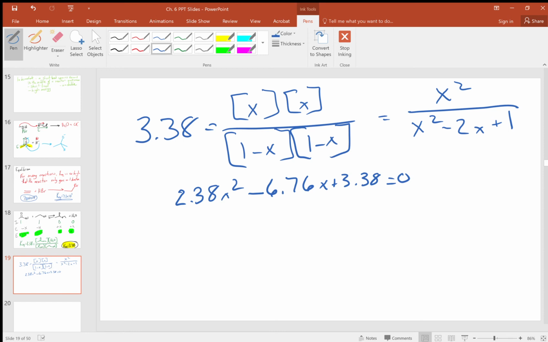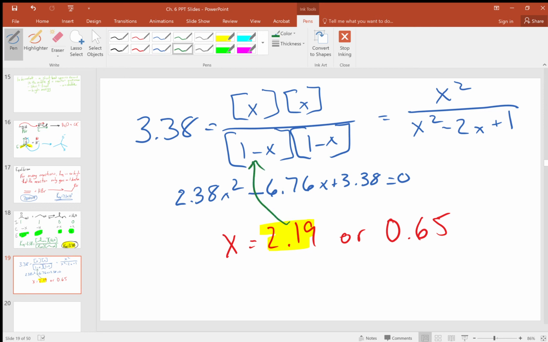And we get two possible values. X is equal to 2.19 or 0.65. Which one do we choose? Well, with 2.19, if you recall, our concentrations are 1 minus x. So if we take this 2.19 and try and plug that in here, that would mean we ended up with a negative concentration.